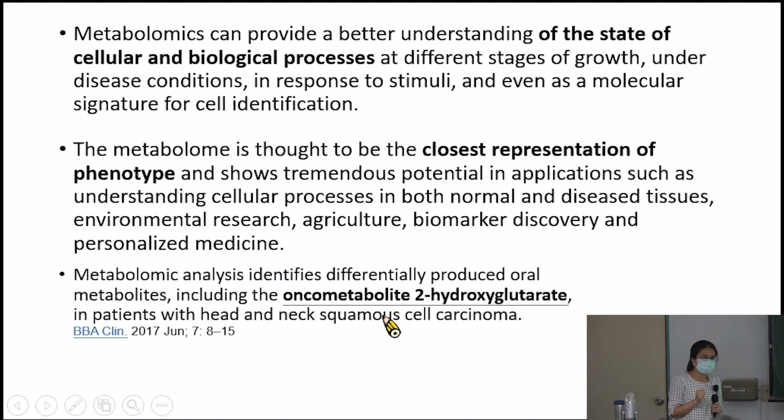Based on this finding, there has been multiple development focused on 2-hydroxyglutarate inhibitors. After we found this metabolite increased in the disease, we developed the inhibitor, which will help us treat cancer patients. So theoretically, understanding a metabolite can help us cure cancer patients in the clinic. That's why it's so important, and multiple approaches try to improve the finding of metabolites.